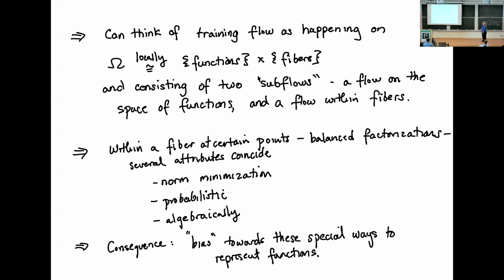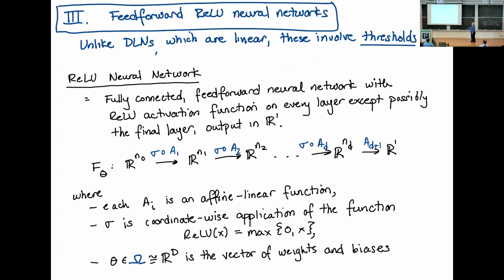So the overall moral is that your model can have bias towards special ways of representing functions. And so it's maybe helpful to understand the many different ways of this redundancy and think about which ones are special. Okay, so that's the end of the deep linear network part.